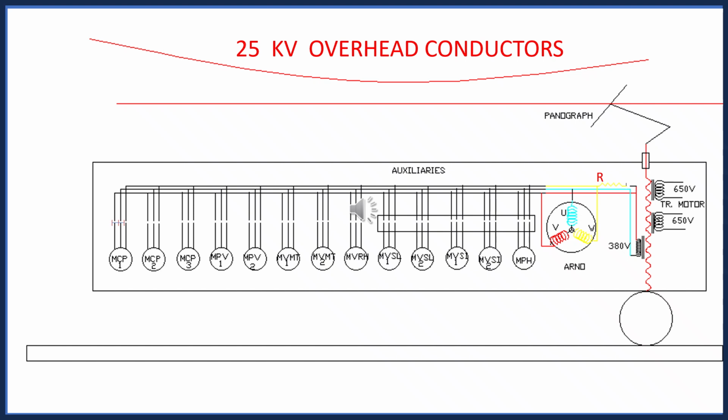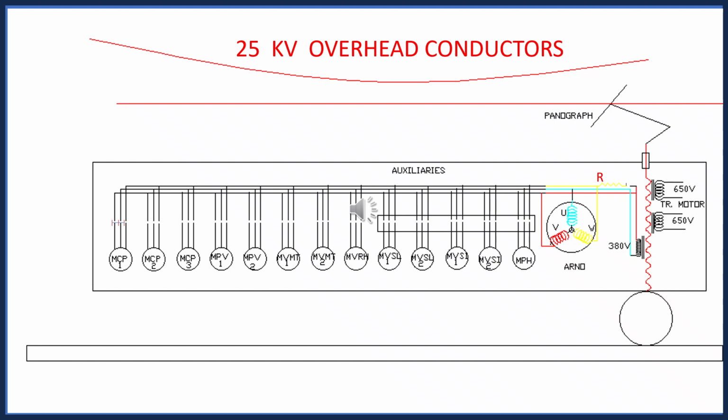Once it starts, there is no need for it, like our diesel engine or our car's starter motor. The initial stage needs this, and once it rotates, it is not required.